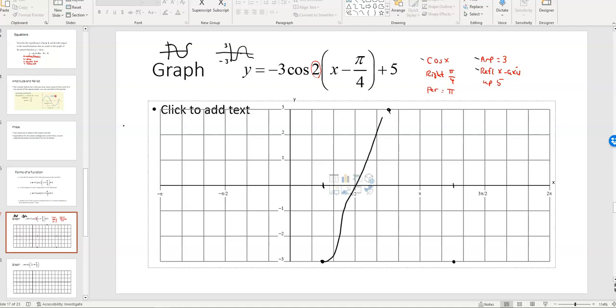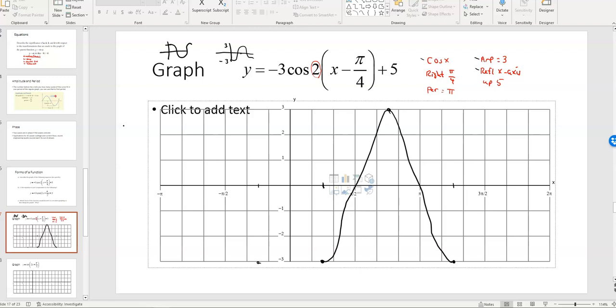A maximum here, turn around, try to make it smooth. It's going to cross at pi, then down here. And then, what's it going to do from there? It's going to continue, right? It's going to continue on this other side. And if it crossed here at pi over 4, I'll bet you at negative pi over 4 it's going to do the same thing.